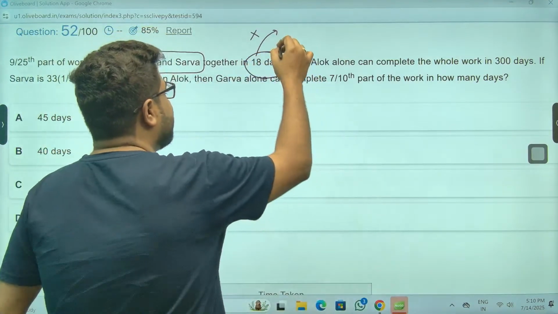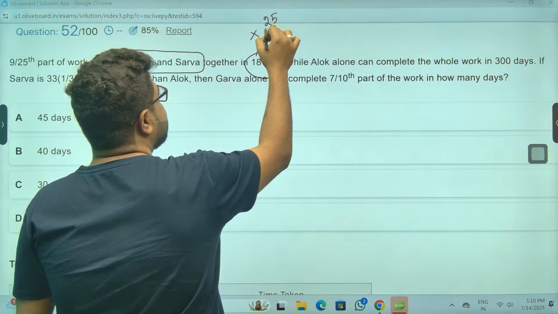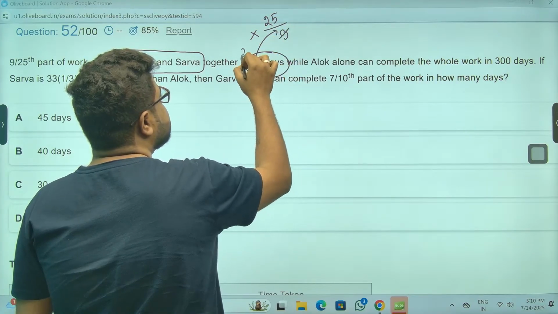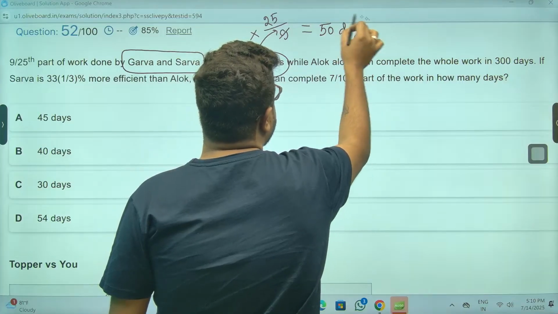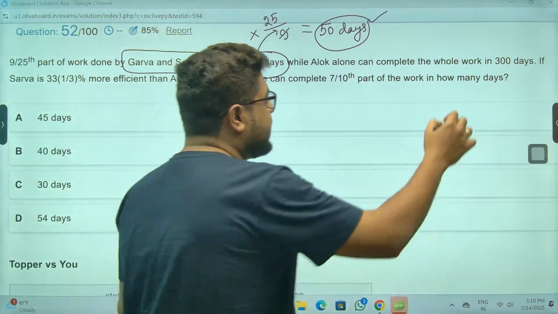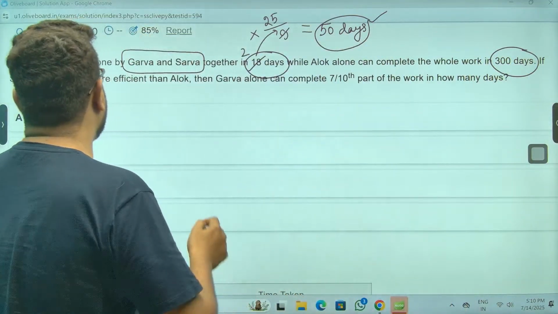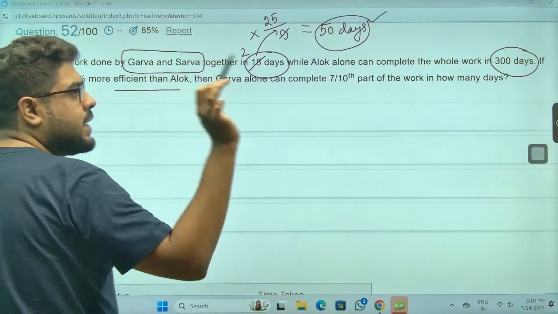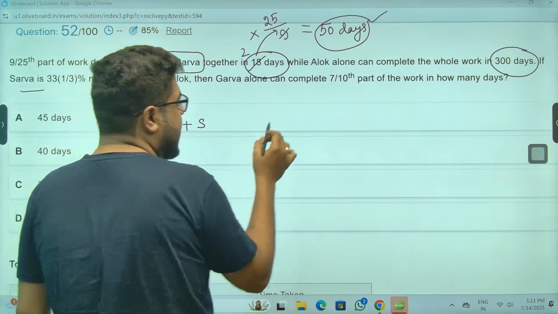So the whole work will be 18 into 25 by 9. 9 twos are 18, so 100% of the work will be done in 50 days by Garva and Sarva. Alok can complete it in 300 days. Very good. Sarva is this much more efficient than Alok. Let's do one thing: Garva plus Sarva and Alok.